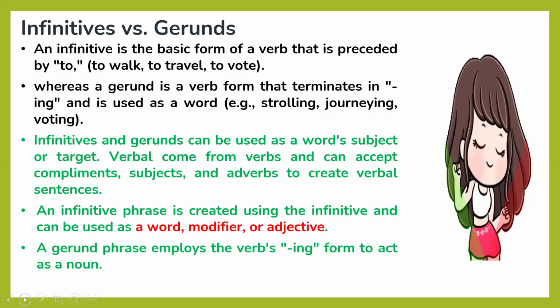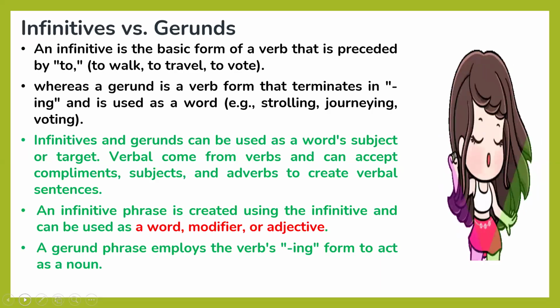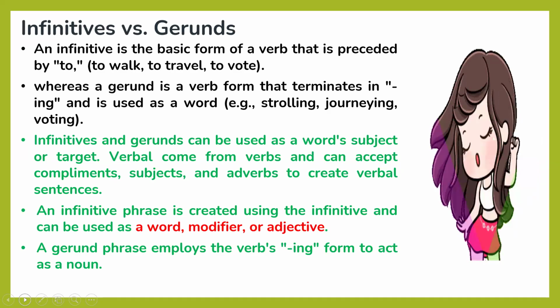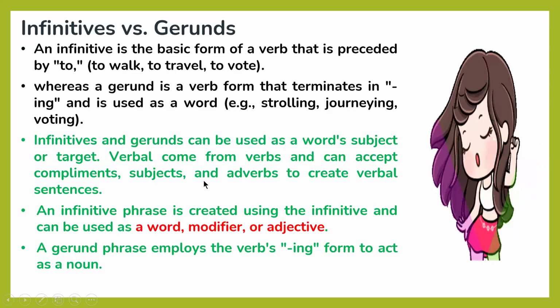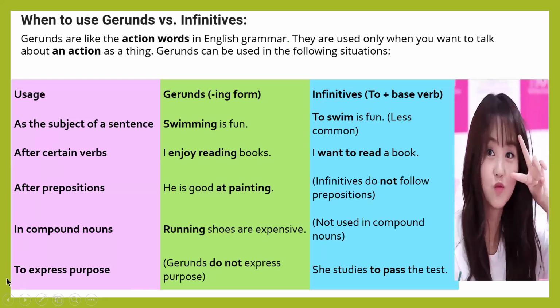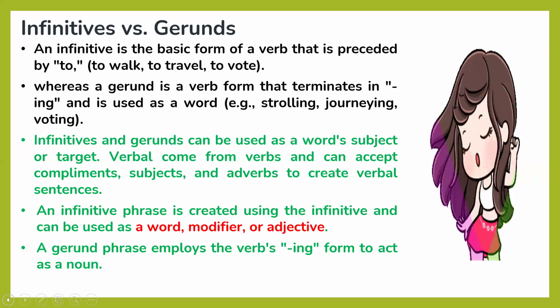So, infinitive versus gerund. Infinitives start with to plus the base form of the verb: to walk, to travel. Whereas a gerund is a verb that terminates in ing: installing, journey, etc. Infinitives and gerunds can be used as a verb, subject, or object. Verbals come from verbs and can accept complements, subjects, and adverbs to create verbal phrases.